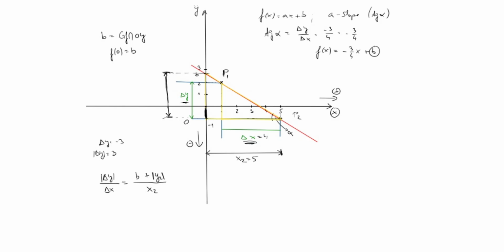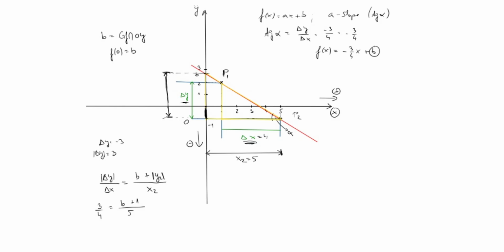Okay, let's continue. So we plug in some numbers. The absolute value of delta y is 3, delta x is 4, so 3 over 4 equals b plus the absolute value of y2, which is 1, over x2, which is 5.